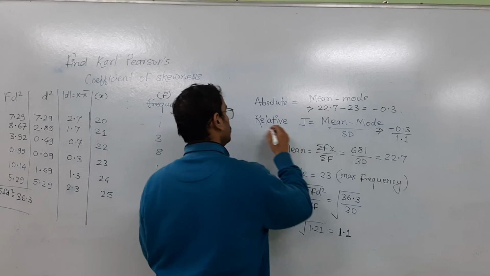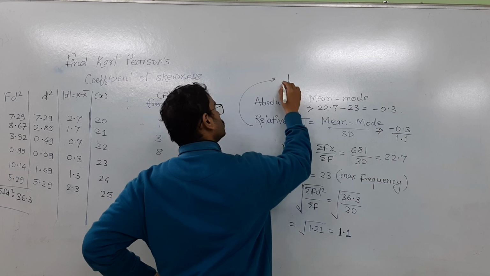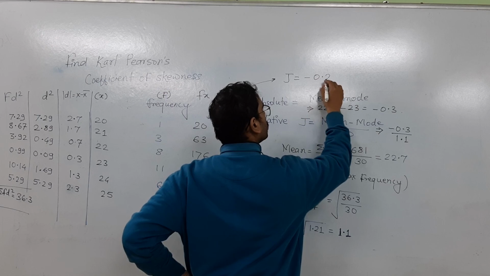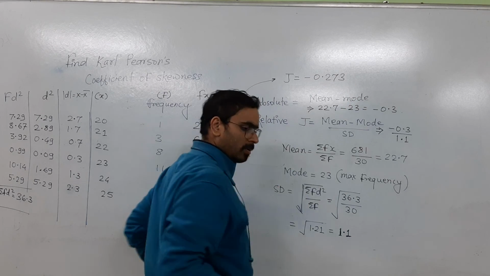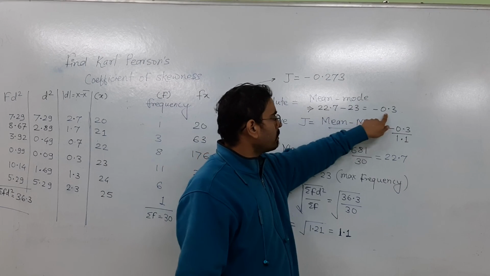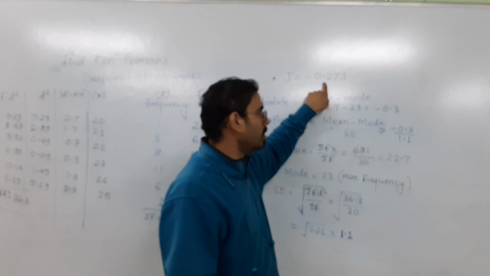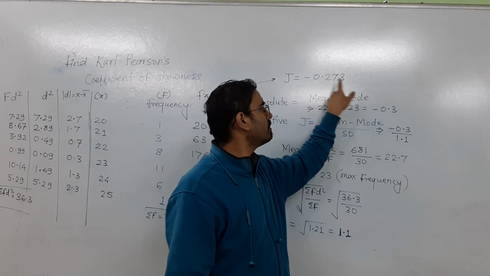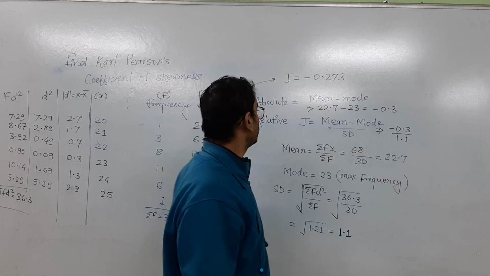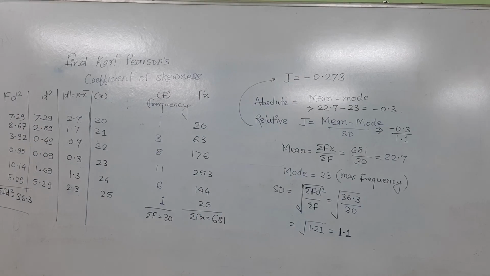So that is the absolute value and that is the relative value. Generally these terms are very similar if you look at both of them. In this way we have solved the example of Karl Pearson coefficient of skewness.